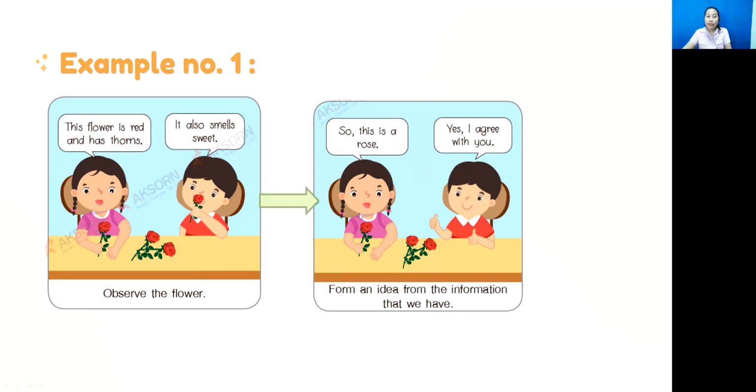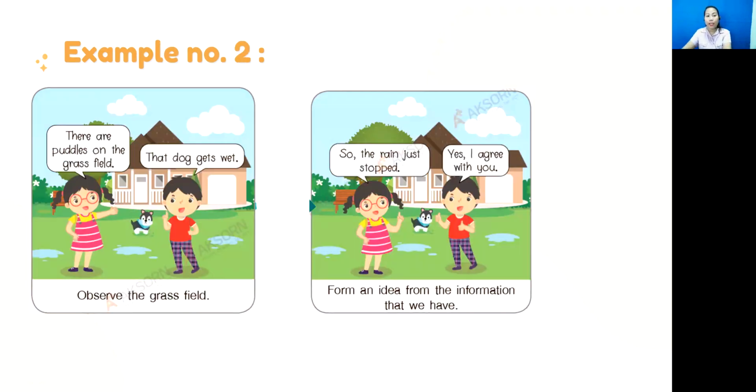So they said that this flower is a rose, because of the smell and the color and the thorns, okay? He said, yes, I agree with you. This is a rose. So that is how we infer. We observe first, and then we try to get an idea from what we observe and how we describe those things, okay? So let's have another example. Example number 2.